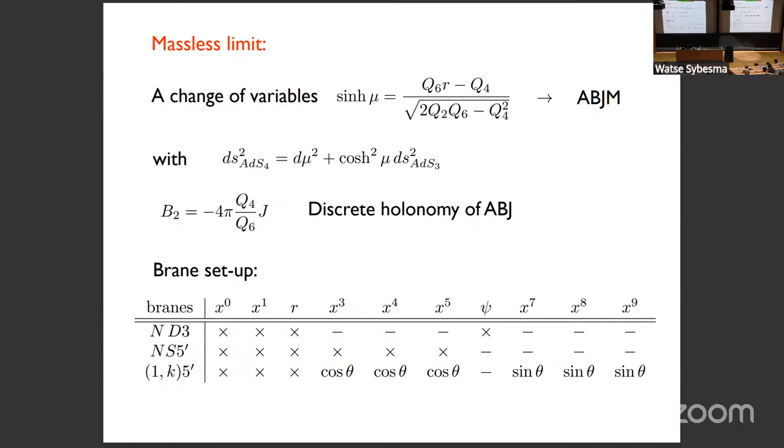Okay, so you find an NS5 prime brane at psi equals 0, and then at psi equals pi, you have the bound state of NS5 prime and K D5 prime branes, and then on the other side of the psi interval, you find the other NS5 prime brane. Okay, and then you have these D3 branes stretched on the psi direction between the NS5 prime and the bound state, N plus M, because we are in the ABJ extension.